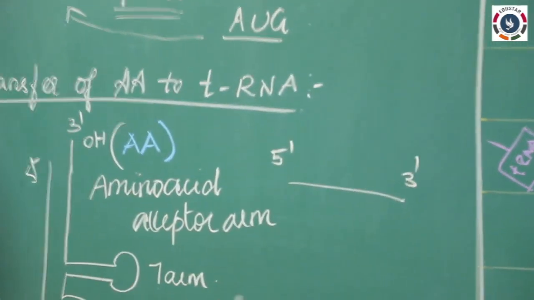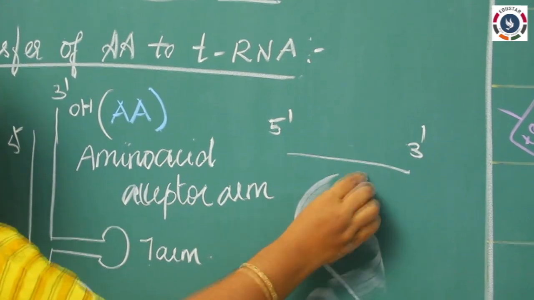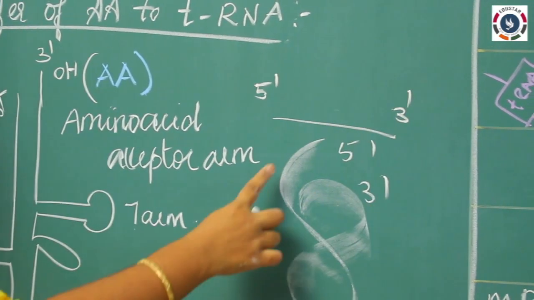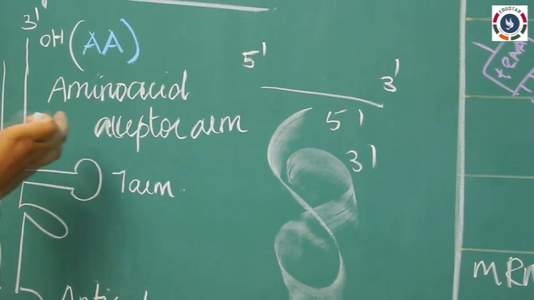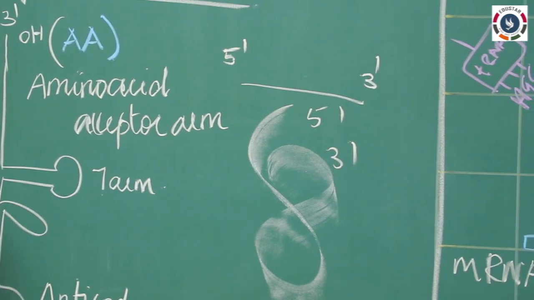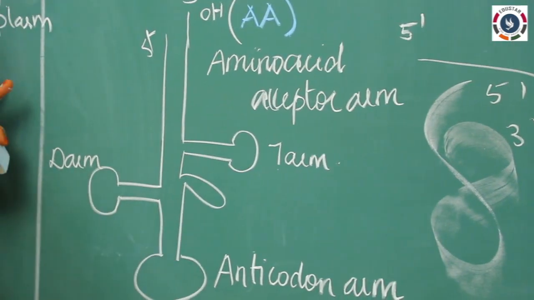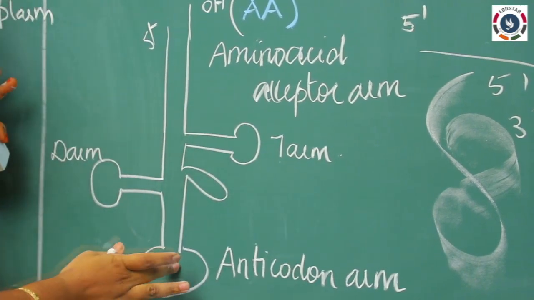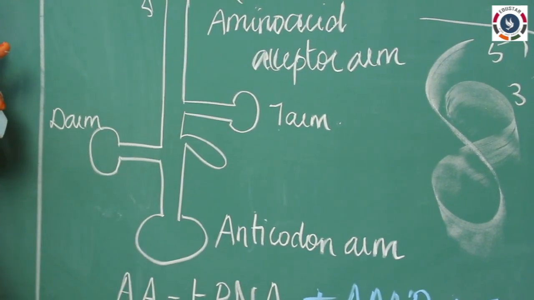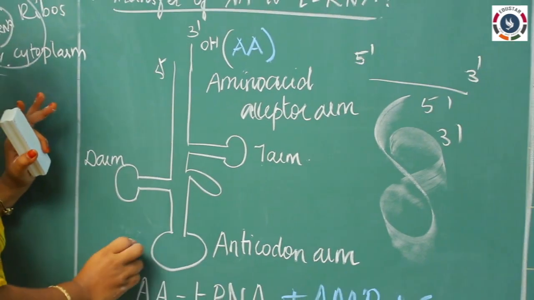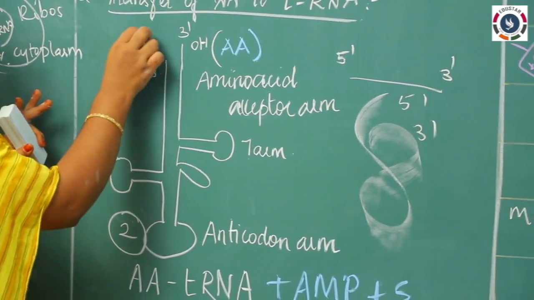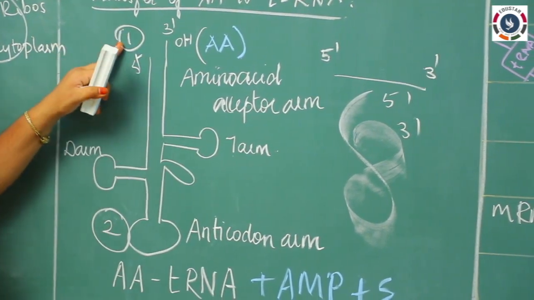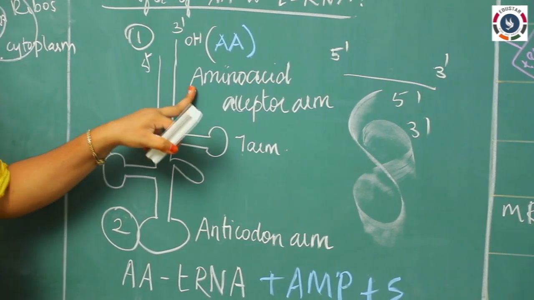This is converted into a cloverleaf structure, like this, you imagine. So 5' and 3'. If you see the structure under the microscope, it will be visible like this only. We have 4 arms. This is the tiny arm, just leave it. We have the 4 important arms. Among these 4 arms, only 2 arms are involved in our protein synthesis. The first is the amino acid acceptor arm.